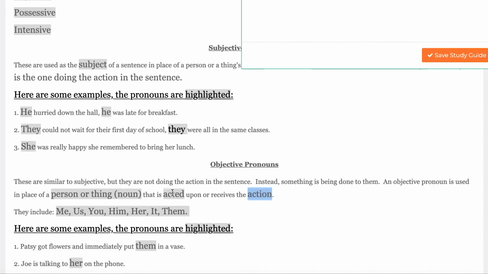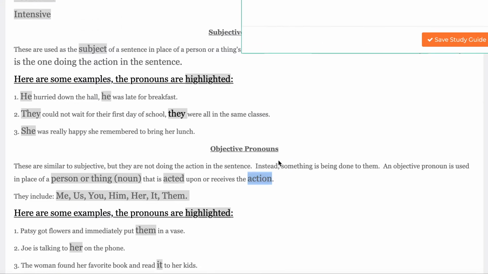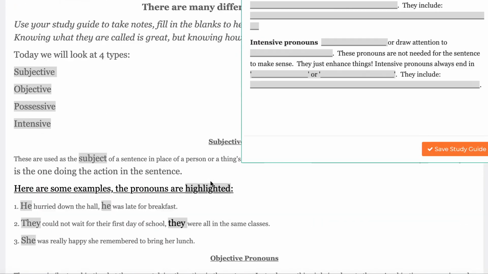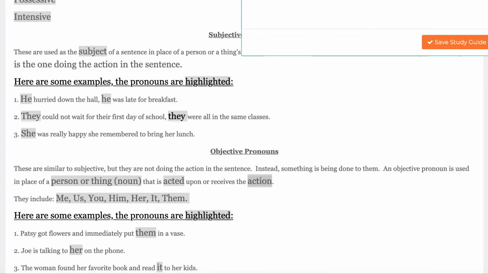So you can fill in these gray spaces, person, place, or thing, acted, action, here in your notes. Person, place, or thing, acted, action. Go there. They include, what do they include? Objective pronouns include me, us, you, him, her, it, or them.